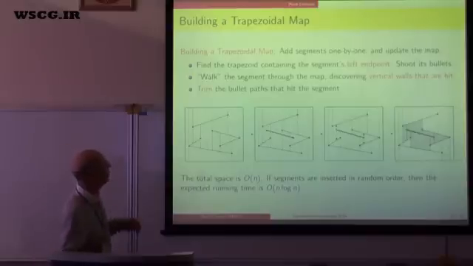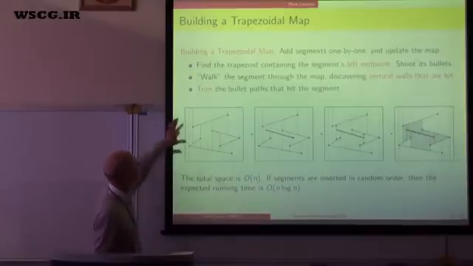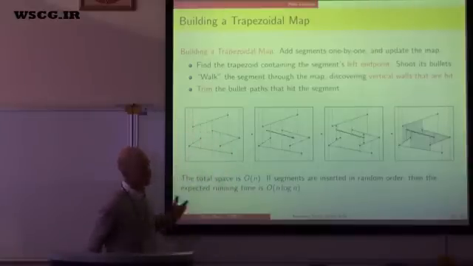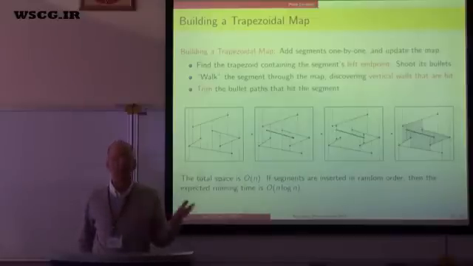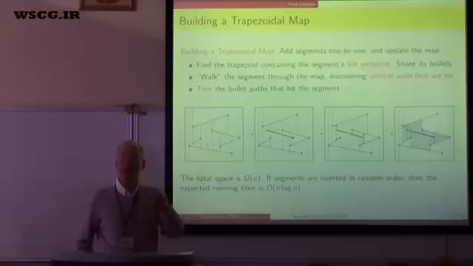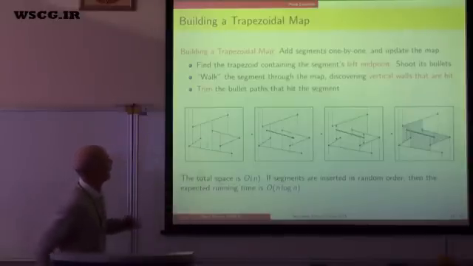So how do you build a trapezoidal map? I apologize to those of you who've seen this before, but just to review the idea, you add the line segments one by one. In what order? There probably is a best order, but a sufficient answer is just to add them in random order.